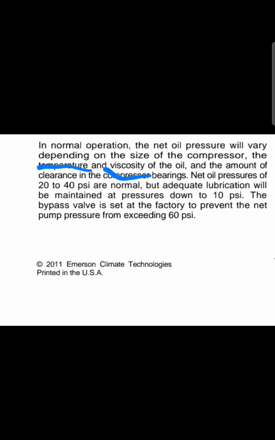So viscosity, that's talking about your POE 32 or POE 68, right? Those are the two most common that I see, where one's like a 150 ISO, which is a 32, and the 68 would be a 300 ISO. Pretty much all of your Copeland compressors are going to take your POE 32. The only time I ever use 68 is in Carlisle compressors, because Carlisles need a thicker viscosity.